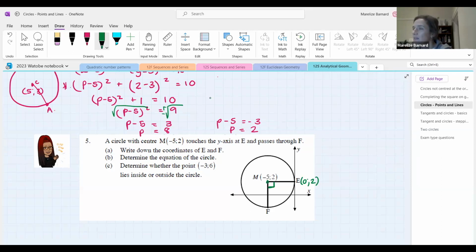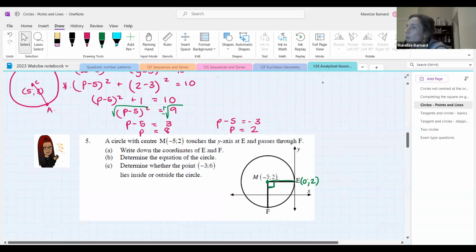Okay, so the center is here at M, and the y coordinate is 2. So if we move across to E, that is on the y-axis, the x coordinate must be 0, and the y coordinate is going to be the same. That's 2.